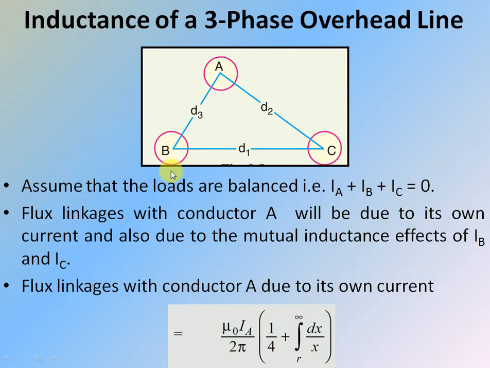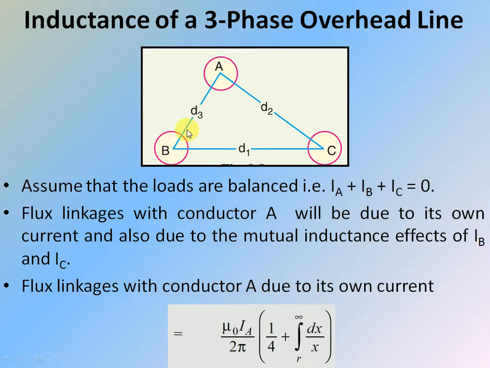That particular relation will be giving you the total external flux linkage due to the current which is flowing through this conductor B. But in our case, we have to find the external flux linkage due to the current which is flowing through this conductor B, which is associated with conductor A.